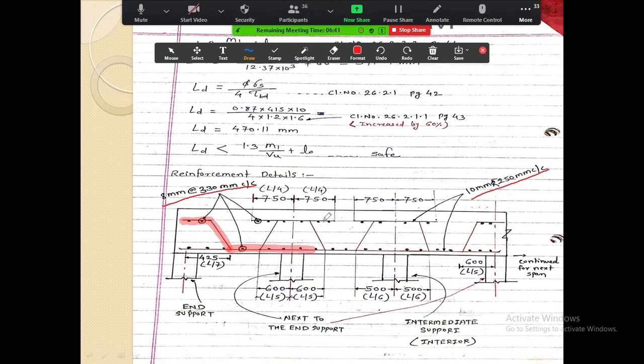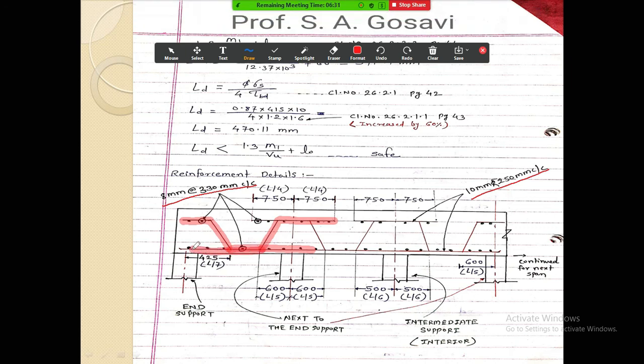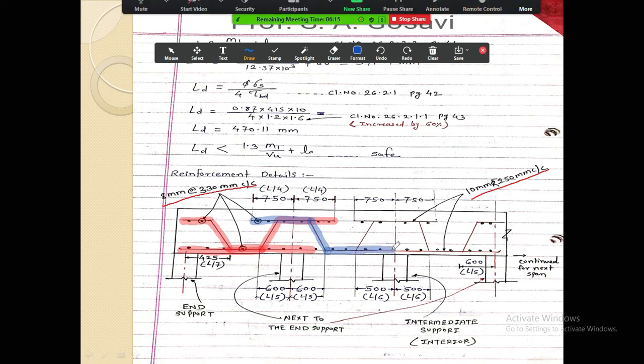Then your second bar will start from this point, then bend and move forward like this. Third bar, you start from this point, then it will bend and again move forward up to the center.